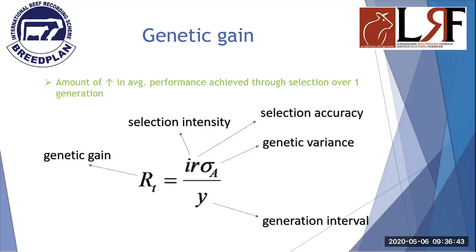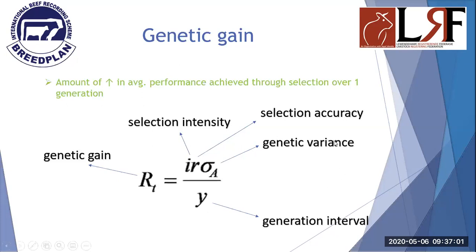So it's the difference between the average EBV and the EBVs of the group that you select. So the higher the selection intensity, the higher the difference, the faster genetic improvement will be made.